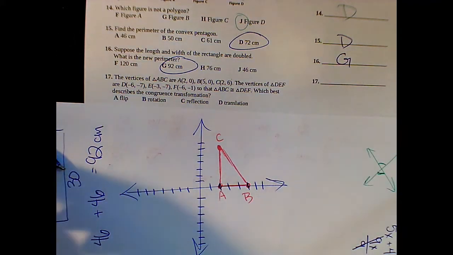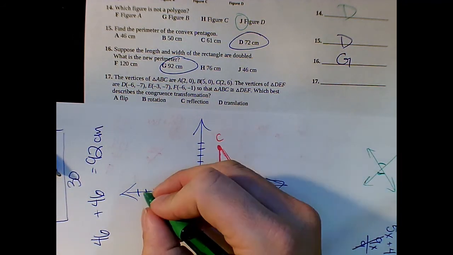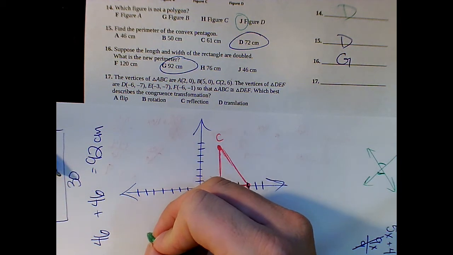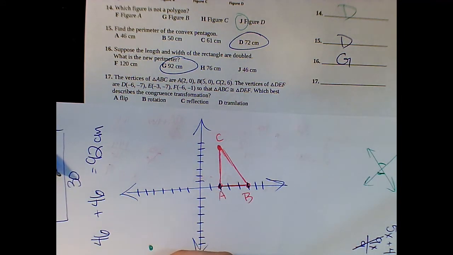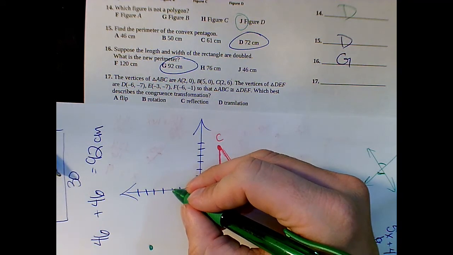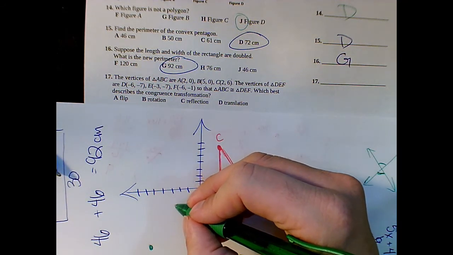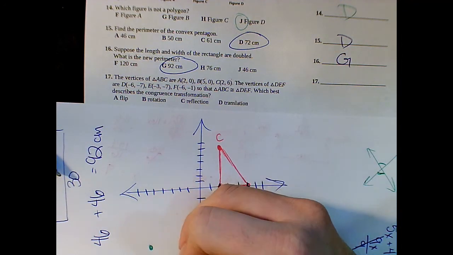Its image, well, I guess they're not calling it an image. They're not giving it primes. D is -6, -7. So way down there. They're calling that D. E is -1, 2, 3 down 1, 2, 3, 4, 5, 6, 7.